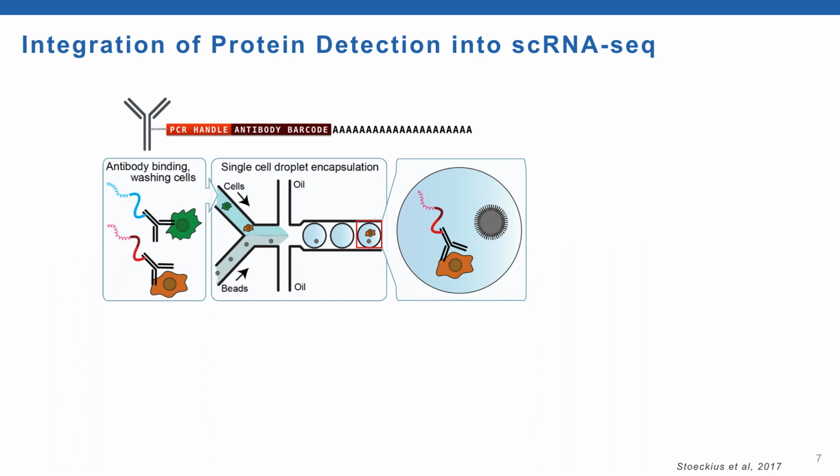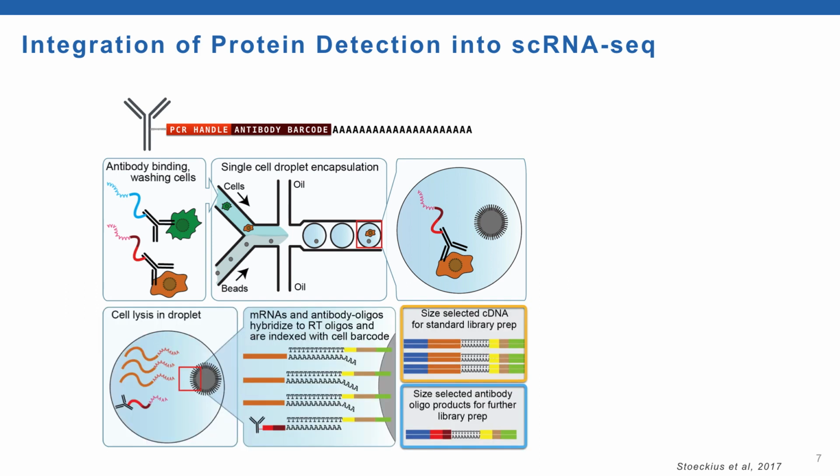A proportion of the time, a single cell decorated with oligo-labeled antibodies will become co-partitioned with one of these microparticles that bears cell barcodes. When this happens, the cell will lyse, and the cell's mRNA content and the oligos that were associated with the antibodies bound to the cell surface have a chance to associate with the poly-T primers on the surface of the microparticle, or released from the microparticle, as the case may be.